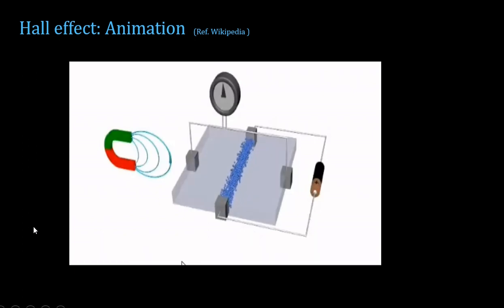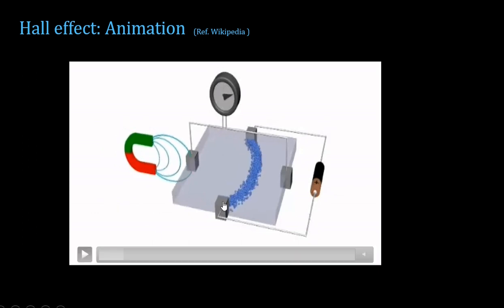Now this is an animation which shows the Hall effect. Here you can see a voltage being applied across this particular conductor, and you are now applying a magnetic field.